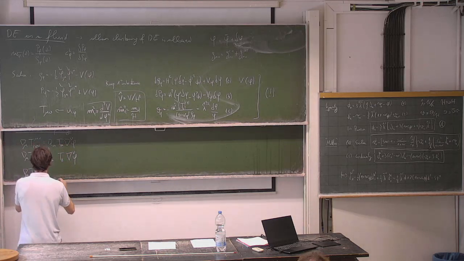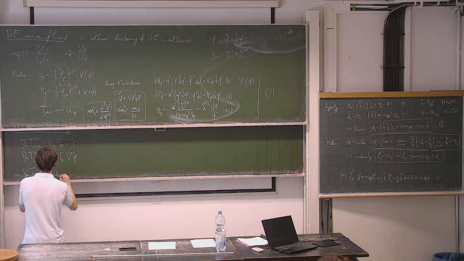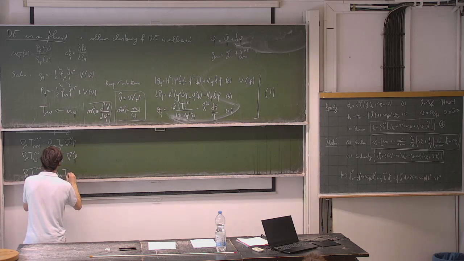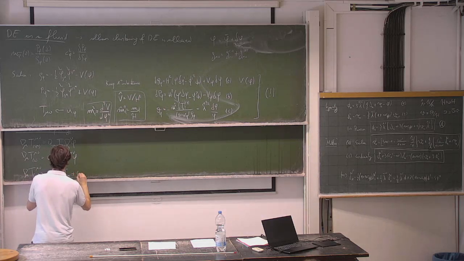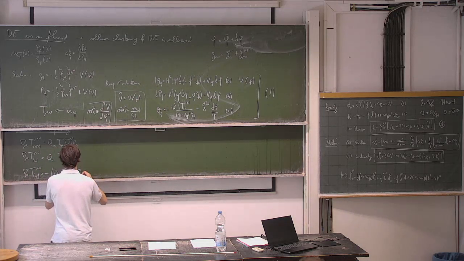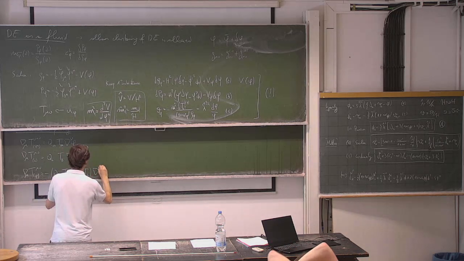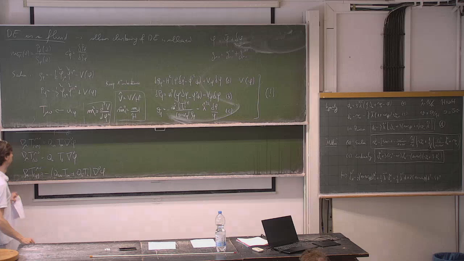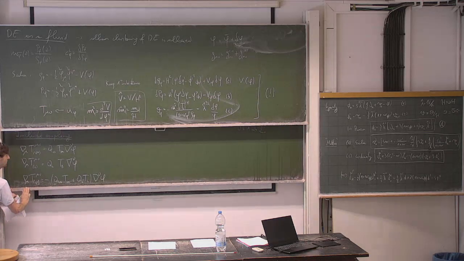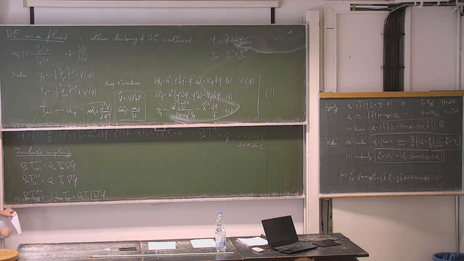Okay? Therefore, we are going to have Q of dark matter, T dark matter, plus Q baryons, T baryons, and then the nu of the field. These are our coupling equations.